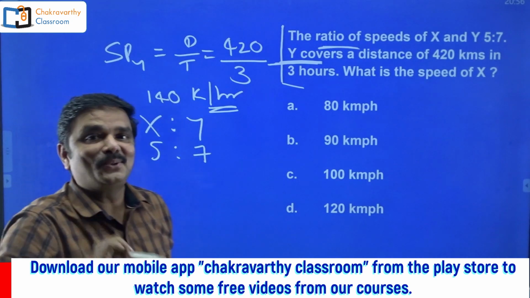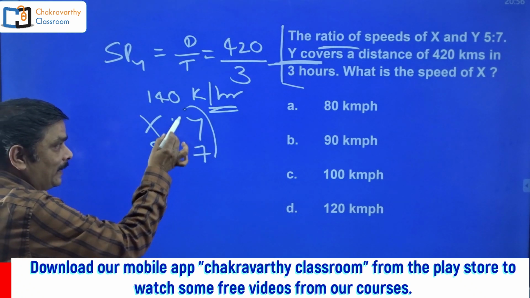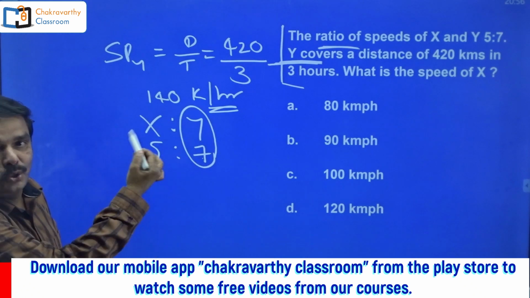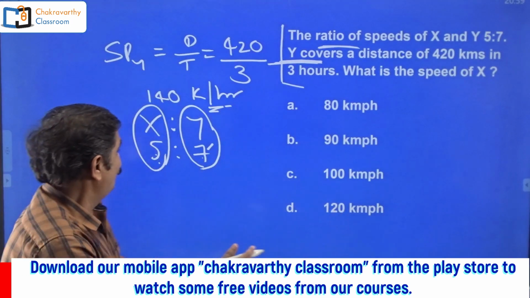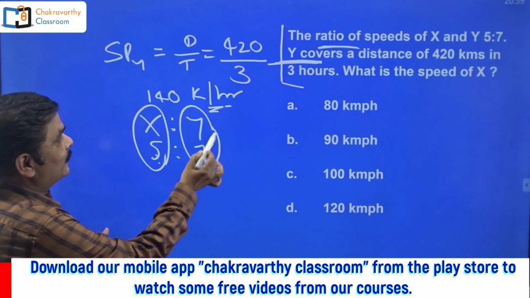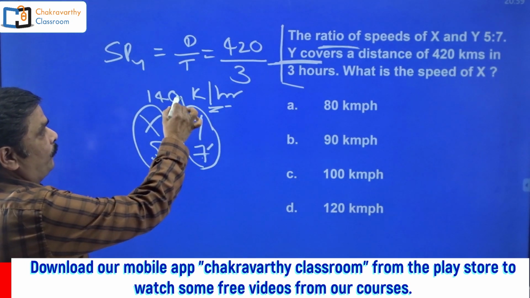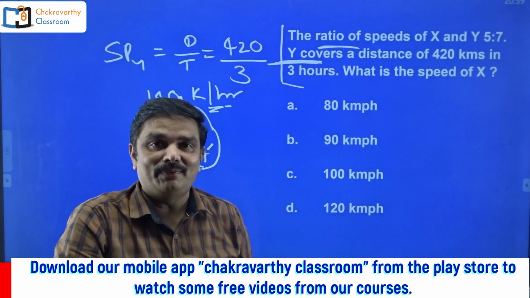You know the basic ratios concept I have given with the unitary method. How is that? Y speed is 7 parts. In the ratio of 5:7, x speed is 5 parts. Now, in the ratio of 5:7, we know the 7 parts. 7 parts is speed of y, that is 140 kilometers per hour. Use the unitary method. In our foundation classes, we have done this.